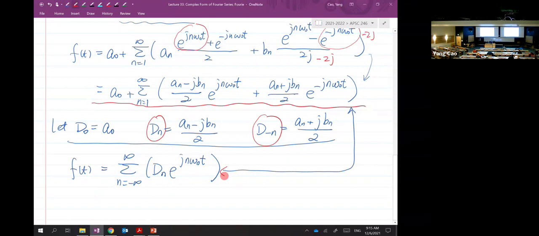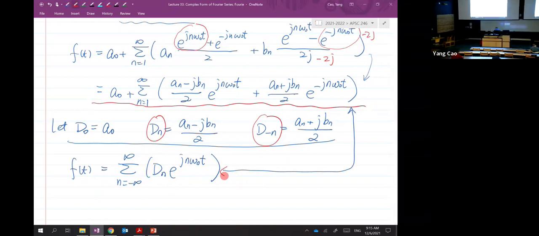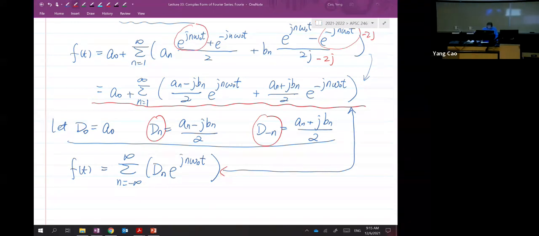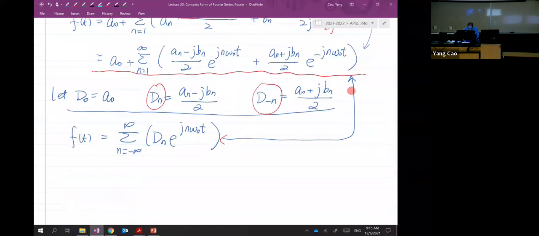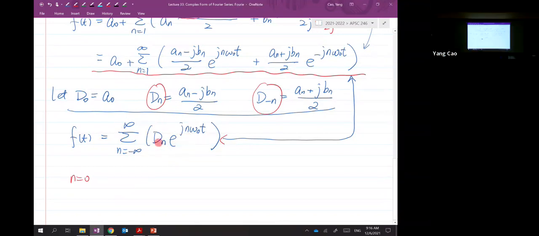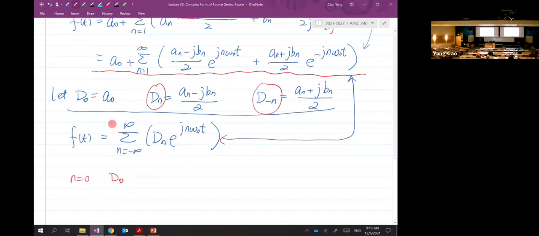Okay, so let's take a second examination at it here. First of all, I can use some substitutions to verify. For example, this goes from negative infinite to positive infinite. Now, if n equal to 0, then this whole term here, you get just d0, which is a naught.